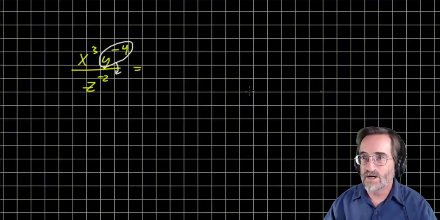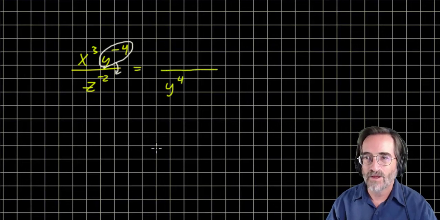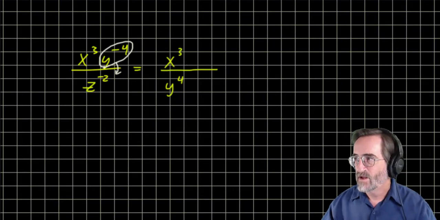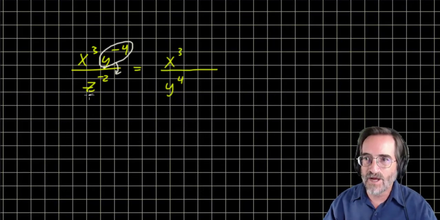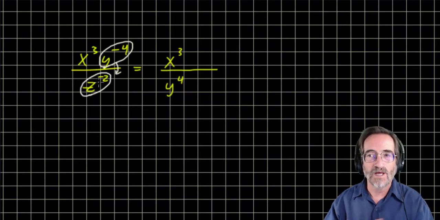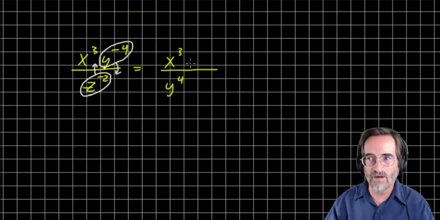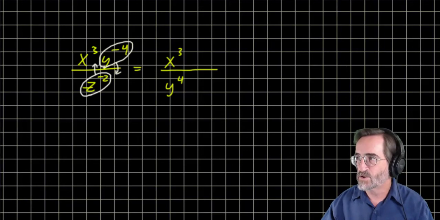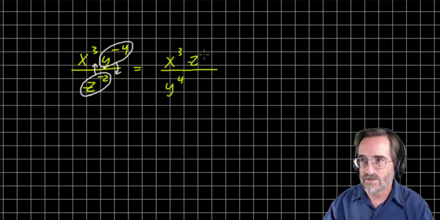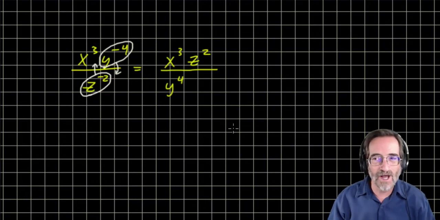When it does, it's going to become y to the fourth. X to the third is positive, so it's going to stay. Z to the negative second, I put that on the bottom. Let's obey that rule, though, that says if I want that negative 2 to become a positive 2, move the base z across the fraction bar from the bottom to the top, and the negative 2 will become positive, z to the second. And so that's kind of how we apply it.